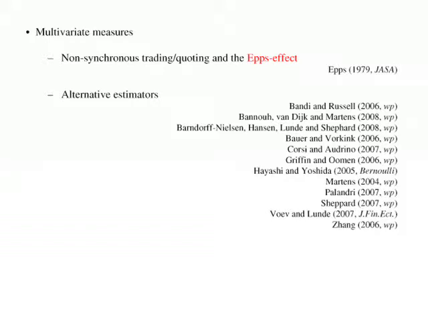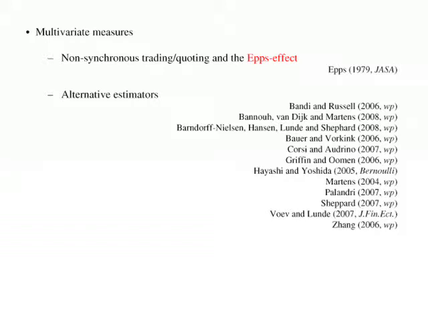Now, I talked so far only about univariate realized volatility measures. Of course, you can also talk about multivariate realized volatility measures. I'm going to talk a little bit more about that in just a second. But as far as these market microstructure effects are concerned, that raises a whole other set of issues.